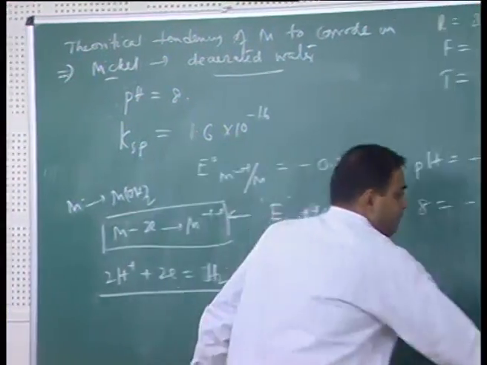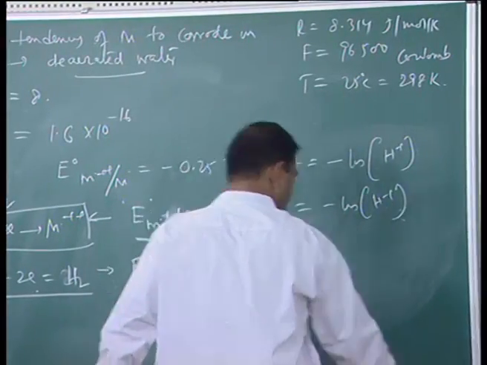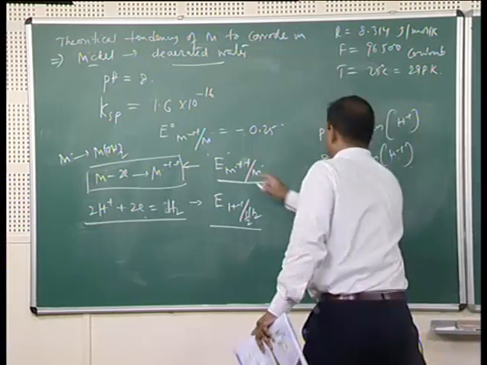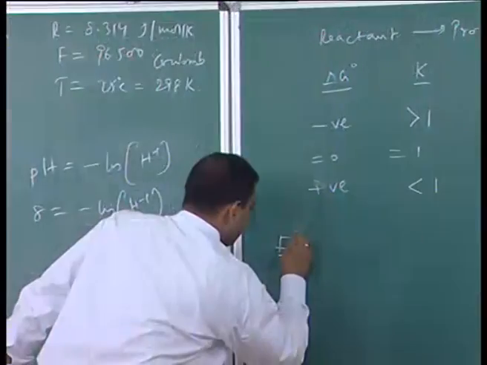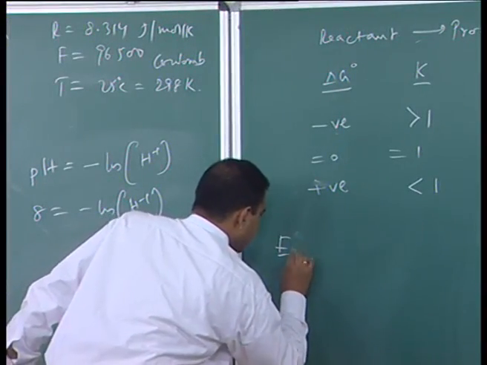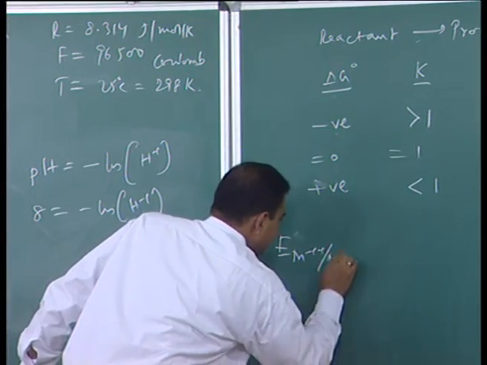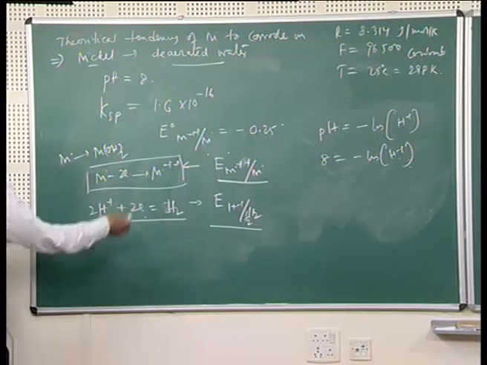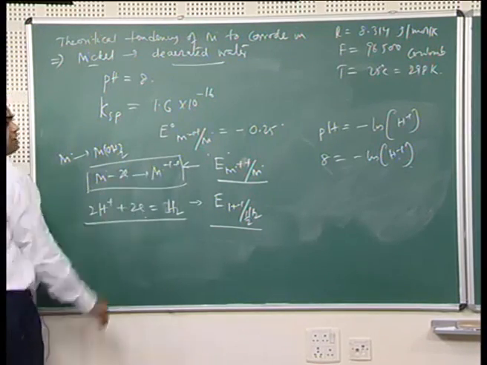Now let us find out these two. In one case, what would be E0 of Ni plus plus, Ni. Though we are saying that this is going into the solution, we can also consider it in terms of reduction potential.